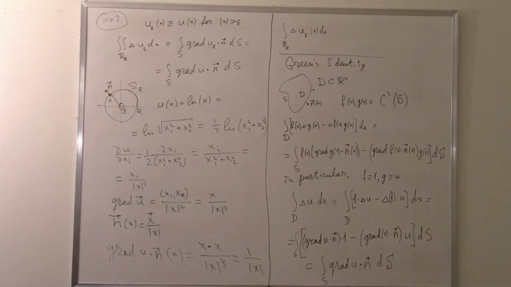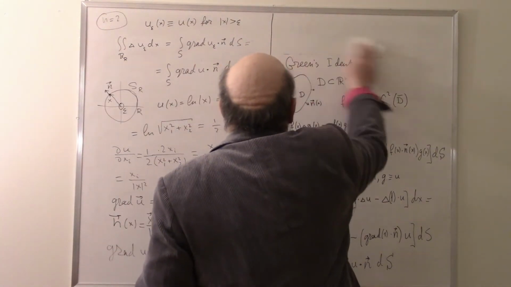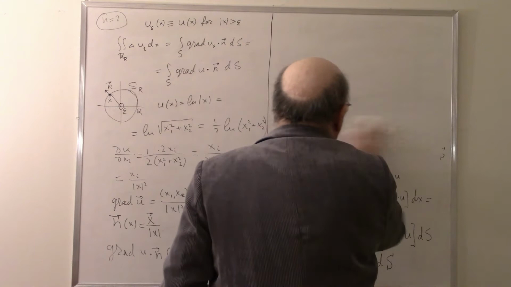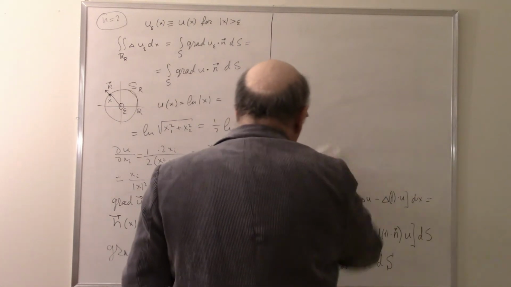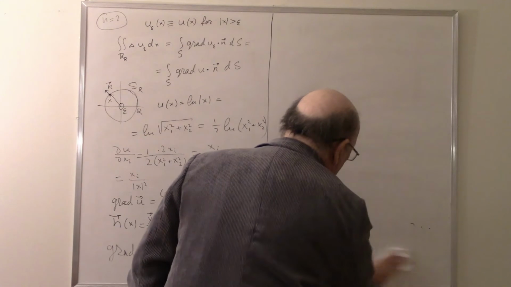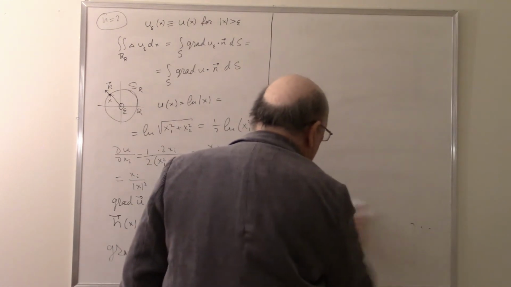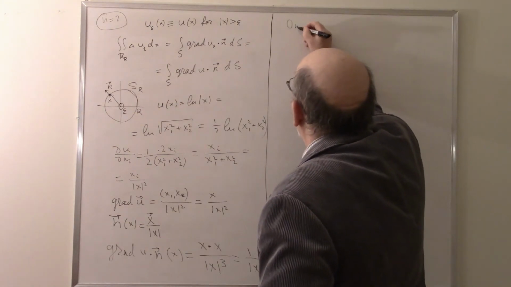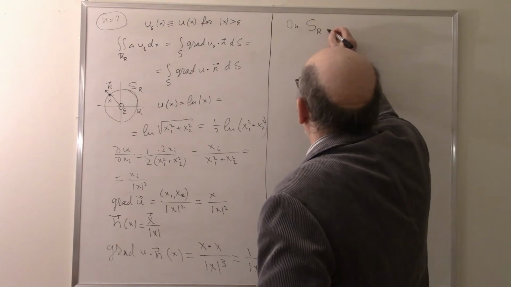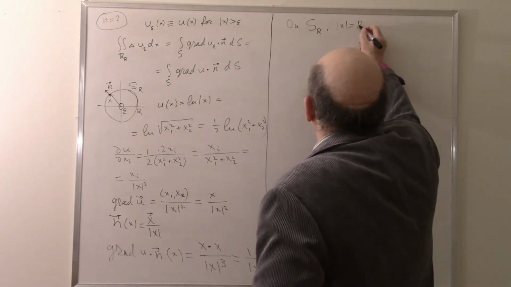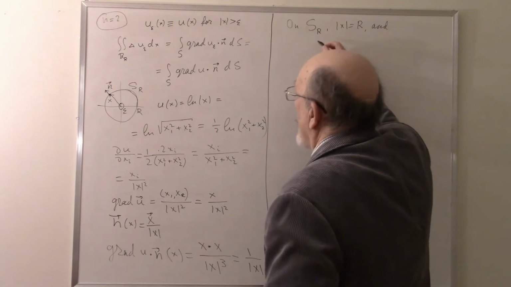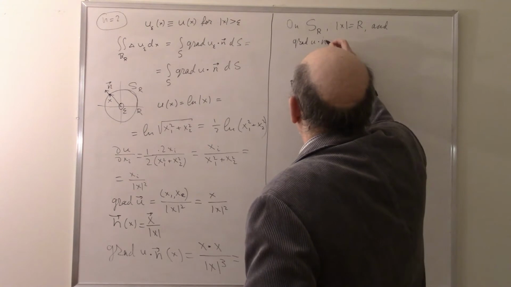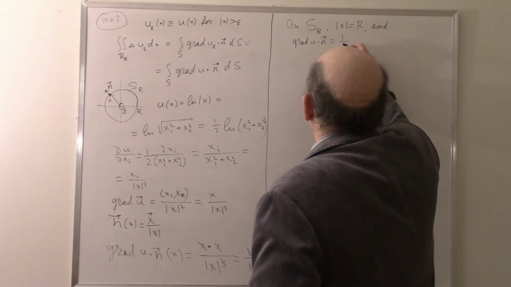Now, in particular, on S_R, |x| equals r, and gradient u dot n equals 1 over r.